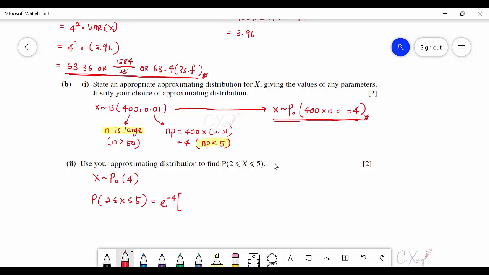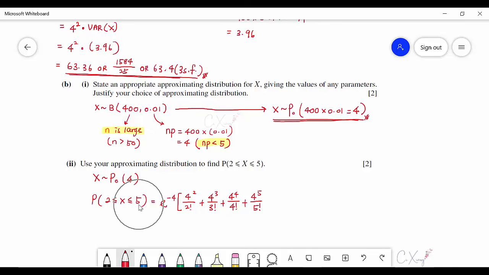Then we start from x equals 2. So x equals 2 means lambda squared divided by 2 factorial, plus lambda power 3 divided by 3 factorial, lambda power 4 divided by 4 factorial, and also lambda power 5 divided by 5 factorial.